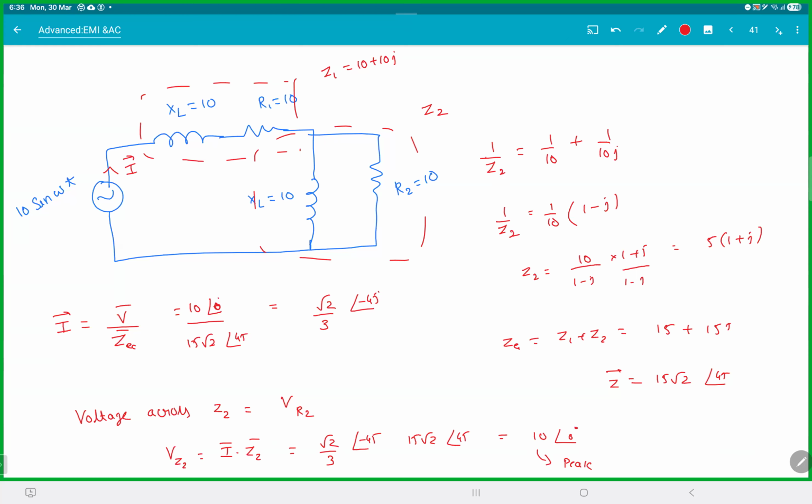Check. Did I mess up any calculations? I messed up. Where? 5 root 2. You're right. Yeah. तो कितना होगा वो 10 by 3 होगा ना. This is the peak value anyway. So now it is right.